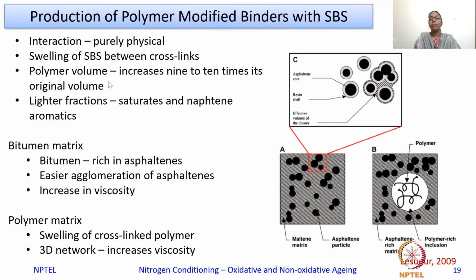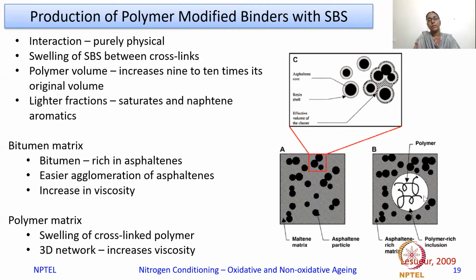The polymer volume normally increases to 9 to 10 times its original volume, and it swells by absorbing the lighter fractions available, which are the saturates and the naphthene aromatics present in the bitumen. From this figure, you have the bitumen matrix, which has the asphaltene particles and the maltene matrix, which are the lighter fractions. When the polymer is added, it absorbs these lighter fractions and swells.